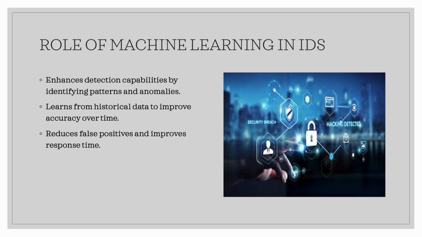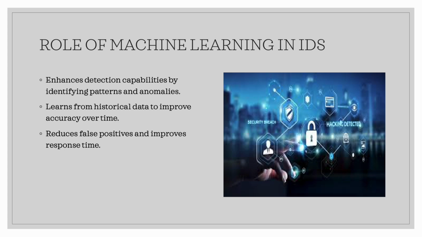It learns from historical data to improve accuracy over time. Training and retraining continuously improves by learning from historical data. Incremental learning updates predictions with new data, adapting to emerging threats.